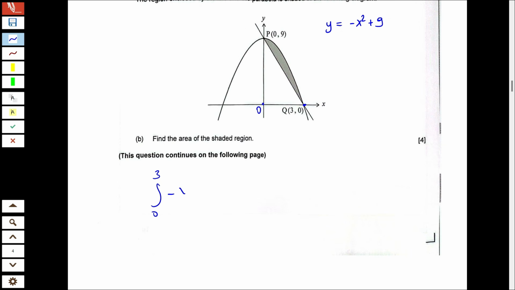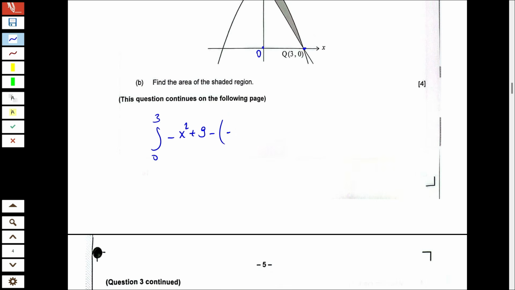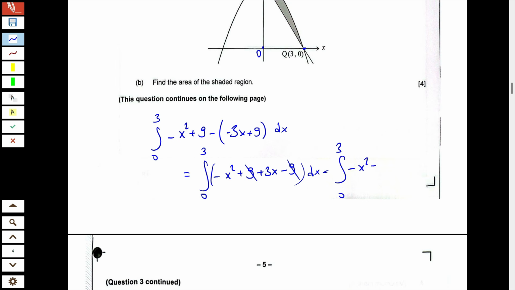You can write first the parabola, minus x squared plus 9, minus the expression of the line, which is minus 3x plus 9. Okay, and there is the dx here. When we simplify this integral, minus x squared plus 9 plus 3x minus 9, we can cancel 9 here, and do not forget to write the dx: from 0 to 3 of minus x squared plus 3x, dx.